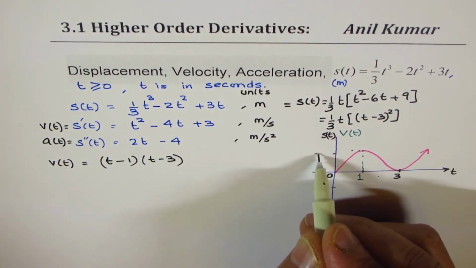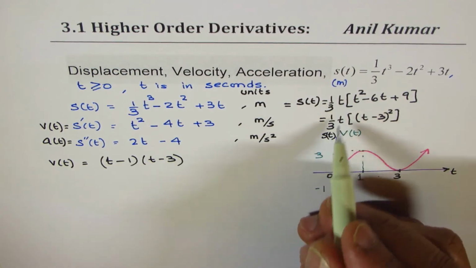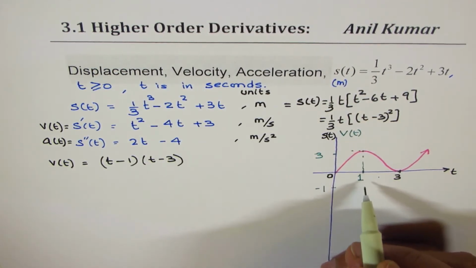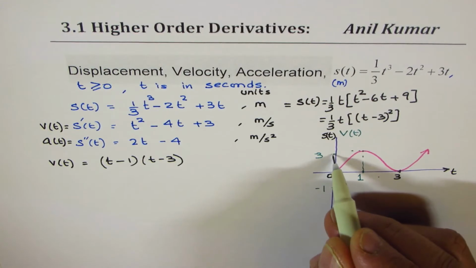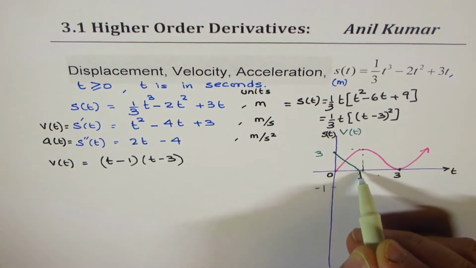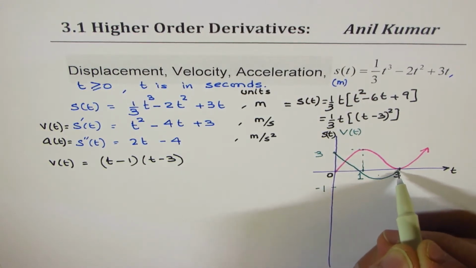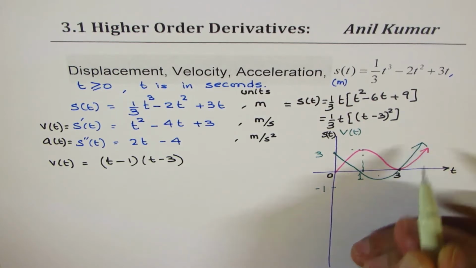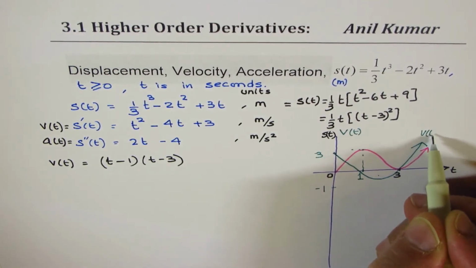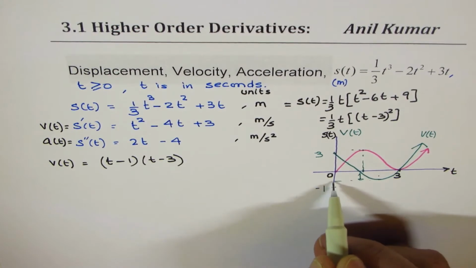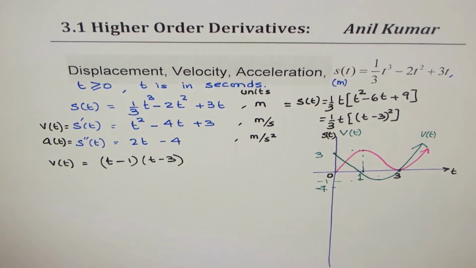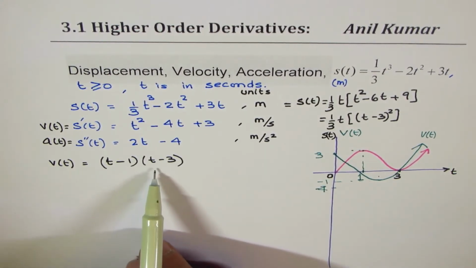Let's say this is positive 3. Since I have a lot of things written here, we'll just restrict ourselves. Let me sketch this graph here. We'll go like this. Let's say this is the velocity graph in green, and that point will say minus 1. So we get a velocity graph from here.